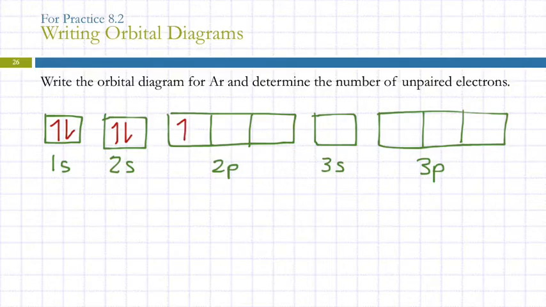Number 6 would rather sleep in his own bed. 6, 7. Now they're going to double up because sleeping together is better than spending more money. They're very cheap. 8, 9, 10, 11, 12, 13, 14, 15, 16, 17, 18.